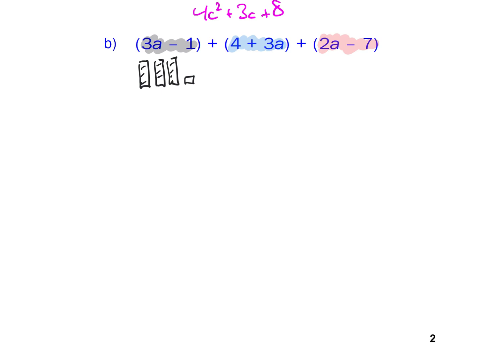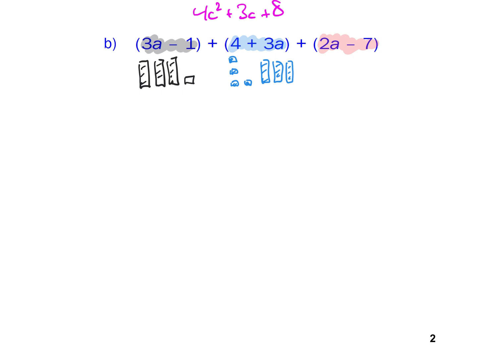How do we draw 4 plus 3a? 4 shaded units and 3 shaded rectangles. Good?